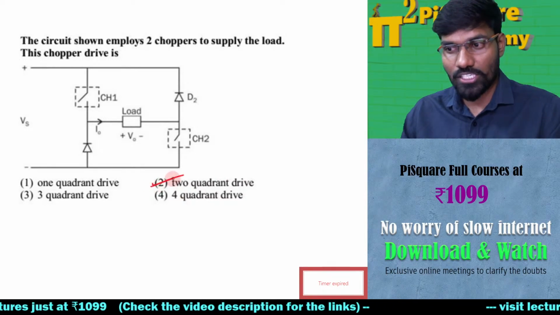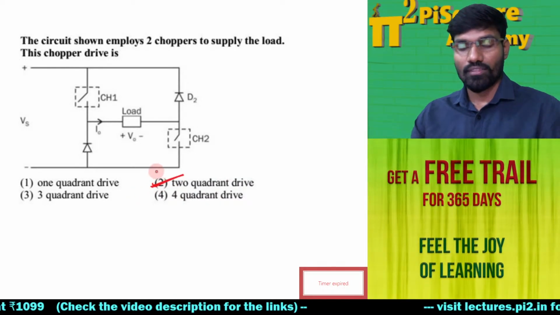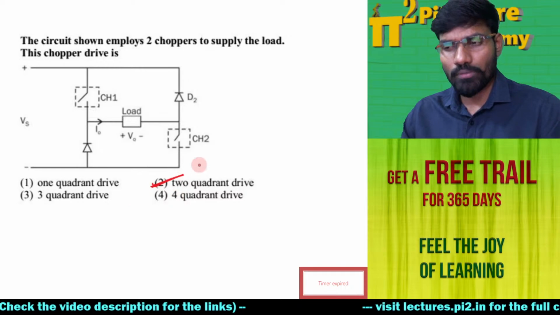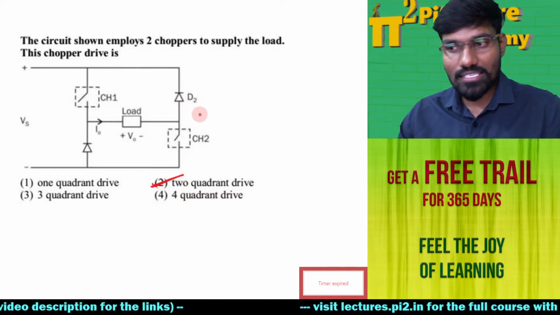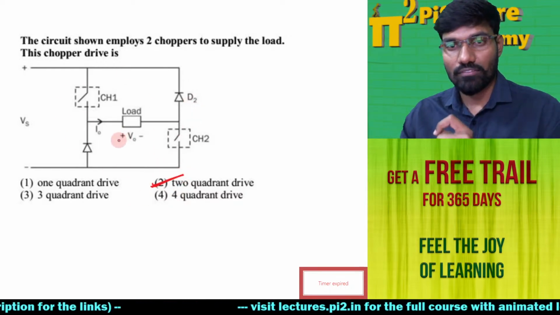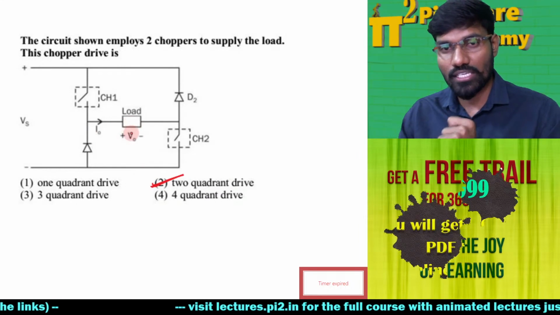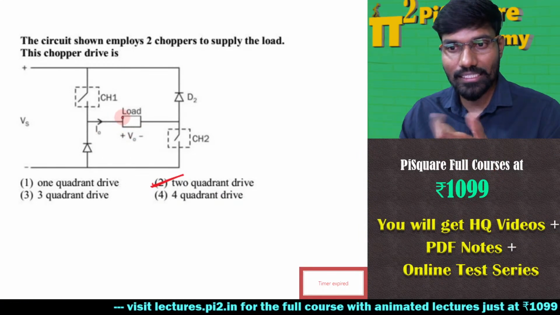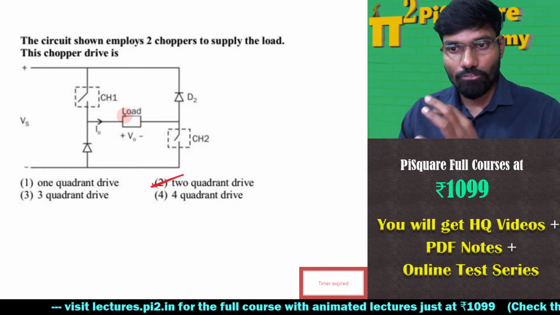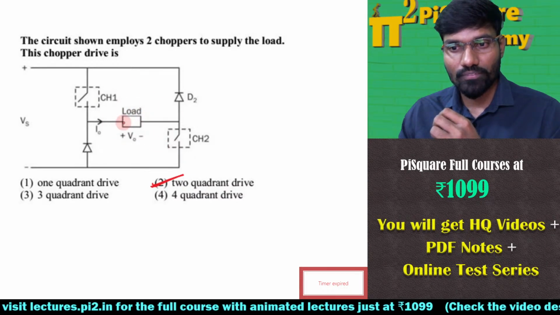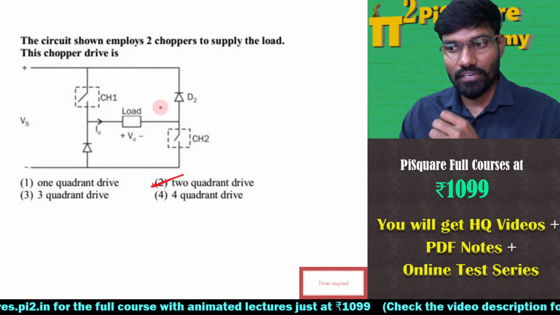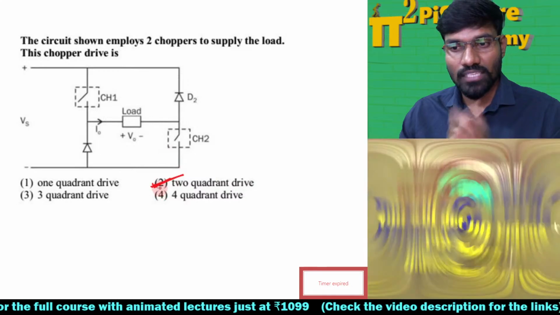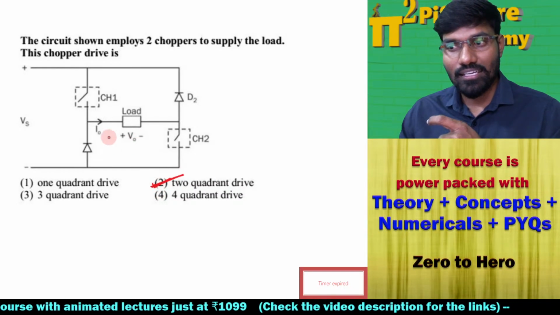Time's up. It's a 2-quadrant drive. To be more precise, which type of chopper is this? Can you say type A, B, C, D, E? Can somebody say quickly? And tell me in which quadrants this chopper will operate.